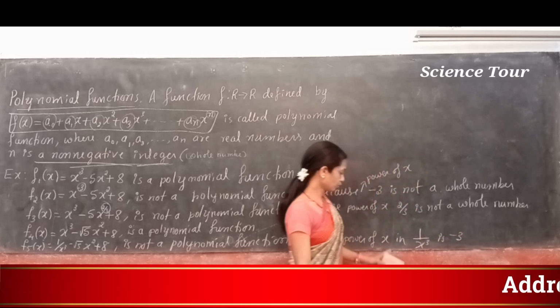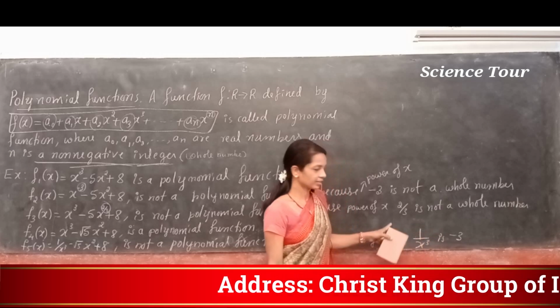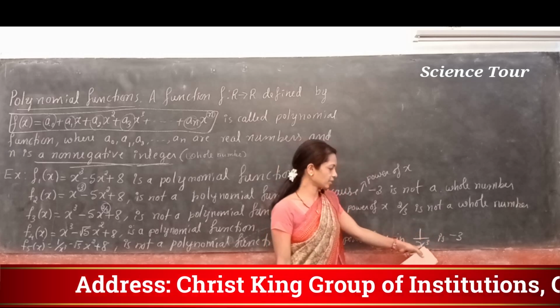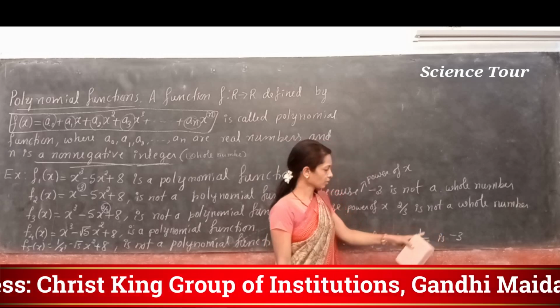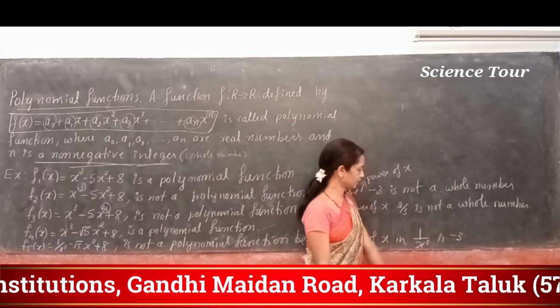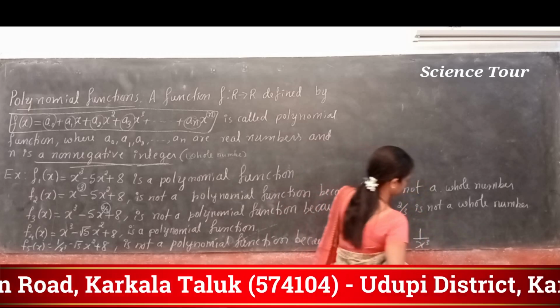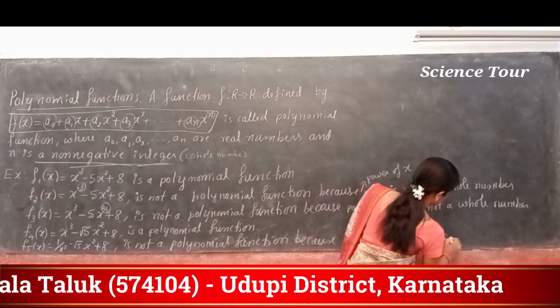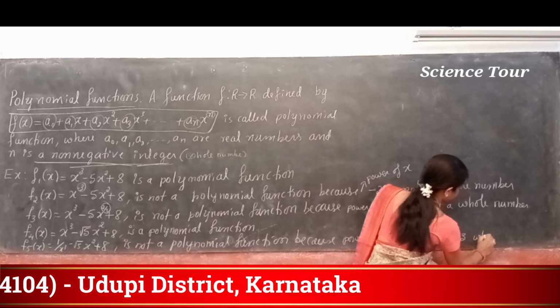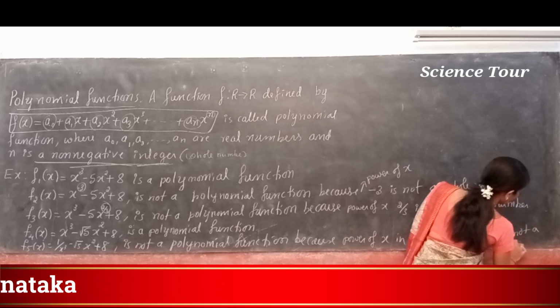Power of x means this is actually 1 by x whole cube. If you write it in x to the power something form, that will be x to the power minus 3. So there you will get a negative power of x, that is minus 3, which is not a whole number.